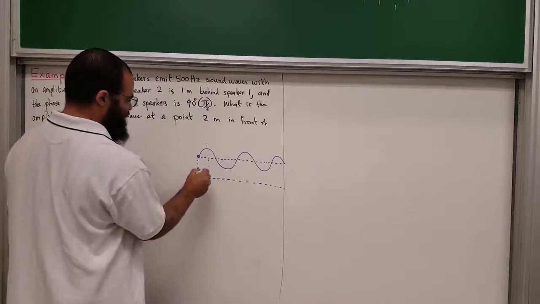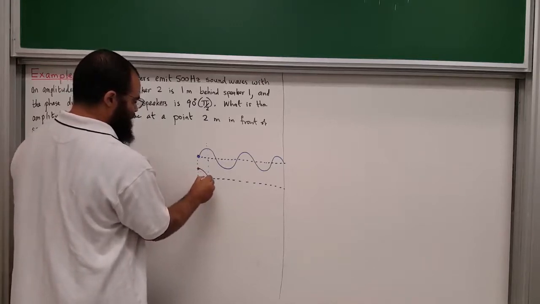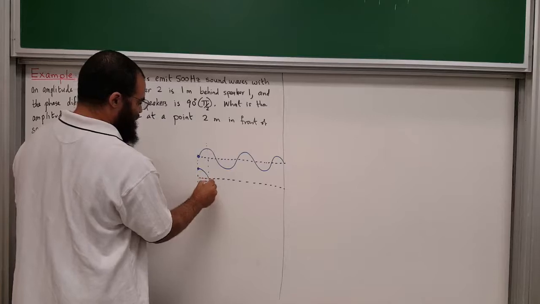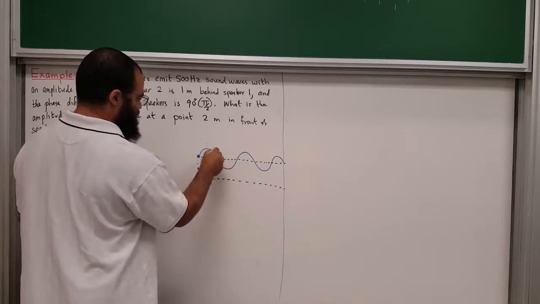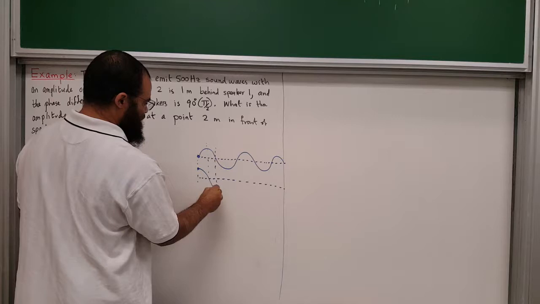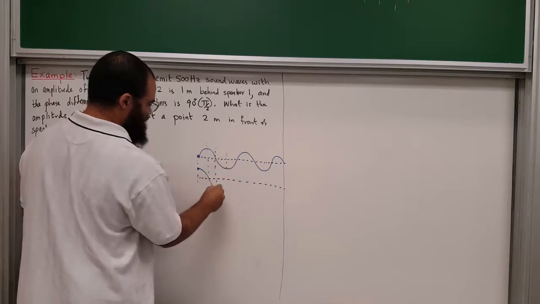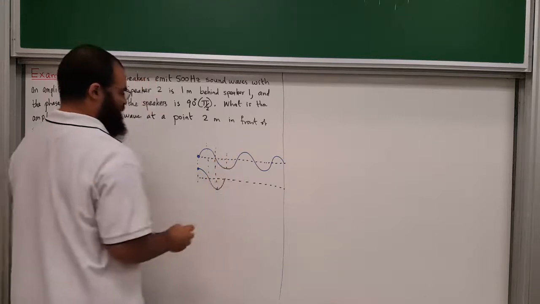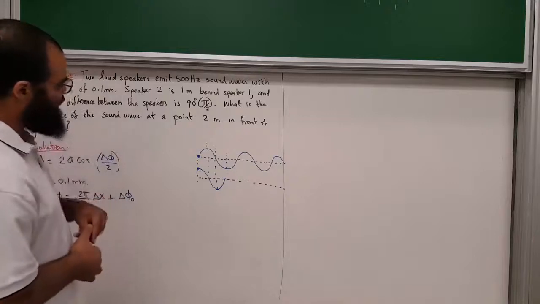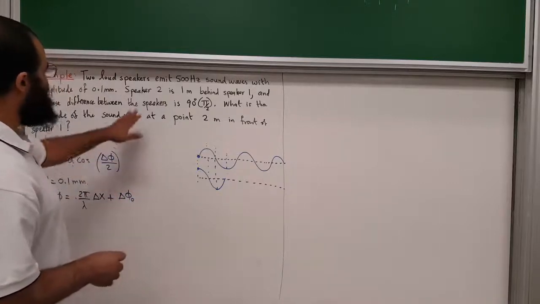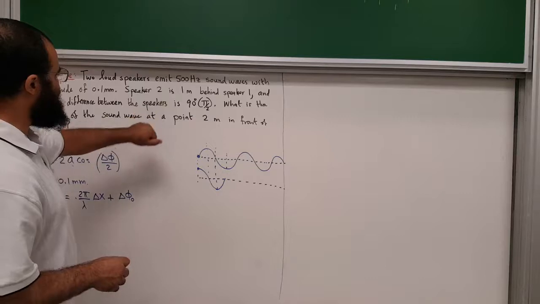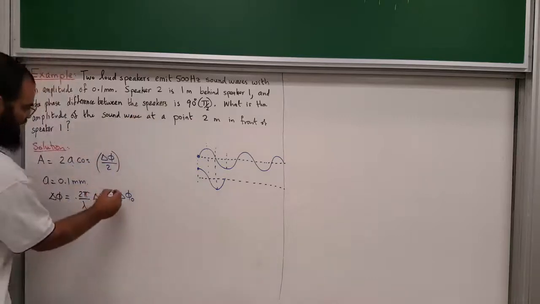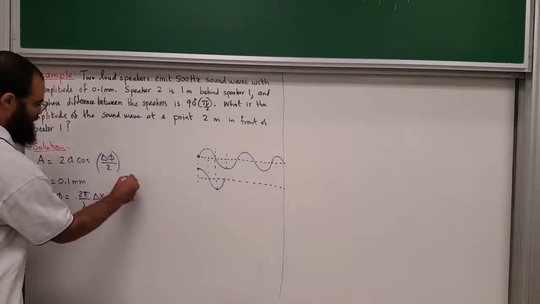They differ by pi over 2. And then it goes on, so this would be a max, a min, and so on. That's how they differ by pi over 2. So this thing here is a pi over 2.